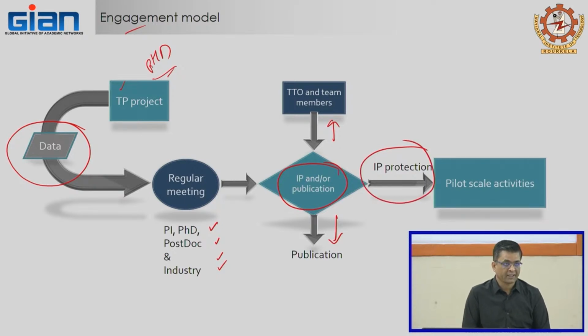And then IP is protected, and once a patent is granted. In our place you cannot have a patent filed until there is a buyer. You see that in China and other places, oh, I have 75 patents, 85 patents, but how many businesses started? No, in Europe you can't do that.